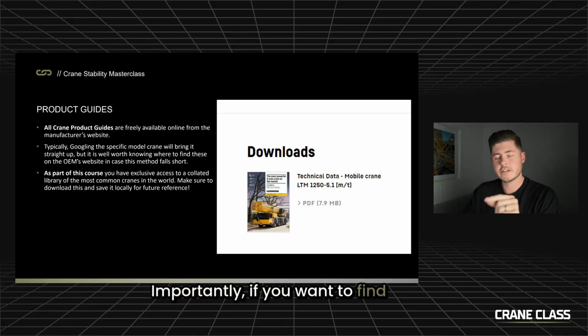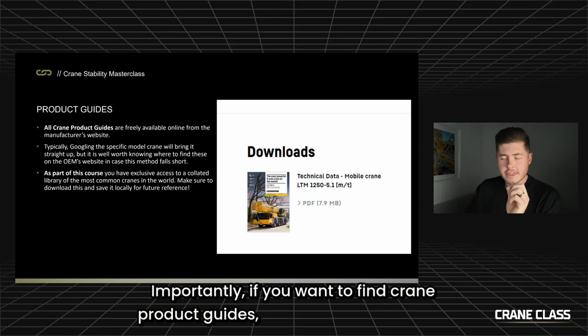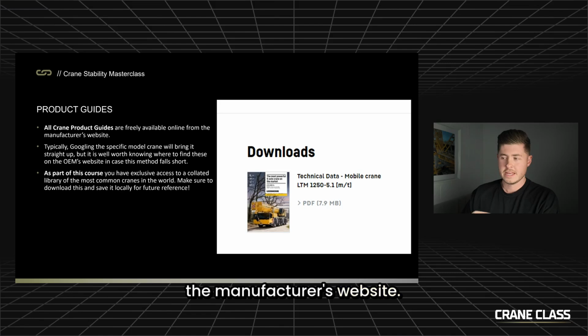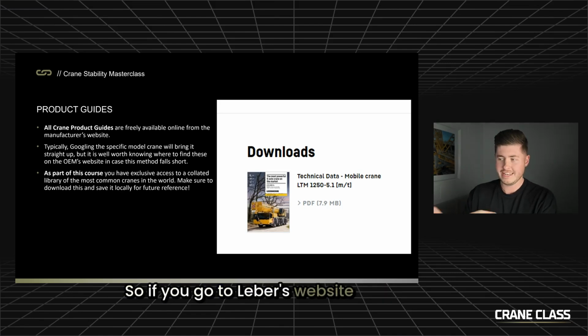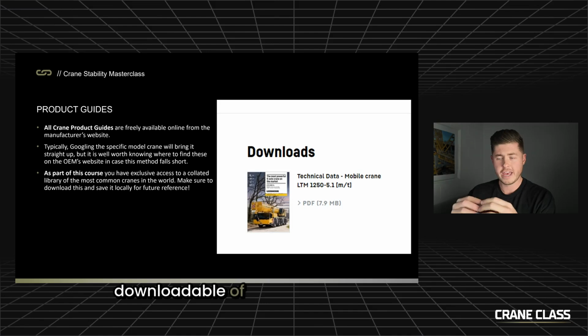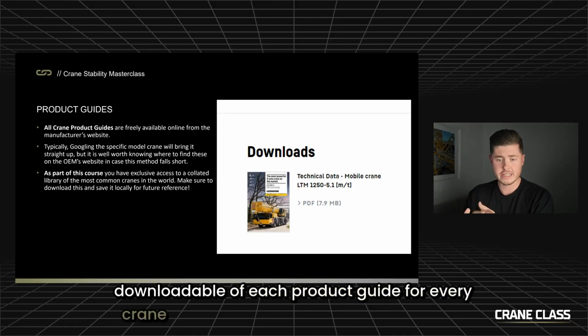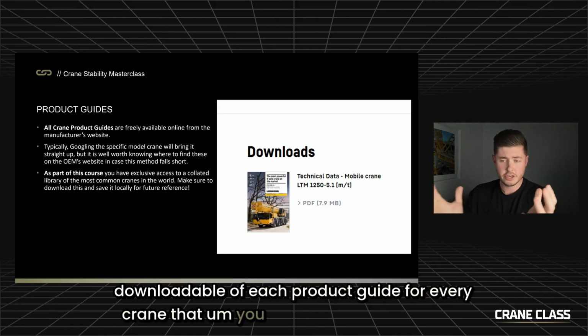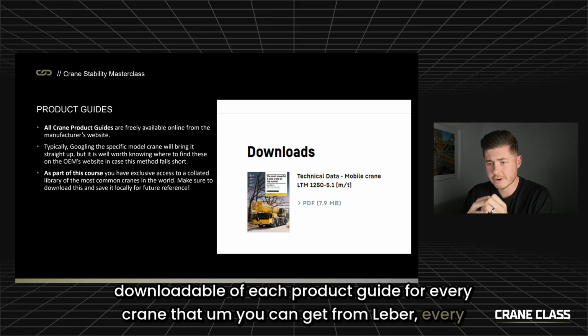Importantly, if you want to find crane product guides, they are all available on the manufacturer's website. So if you go to Liebherr's website and navigate to mobile cranes, you'll be able to find a downloadable of each product guide for every crane that Liebherr offers.